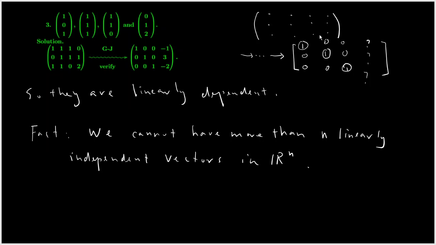Actually, using the same question, I'm going to make one other comment. I still have 3 minutes. I think I can get that done in 3 minutes. Using the final form, is it possible to write the last column as a linear combination of the first 3 columns?